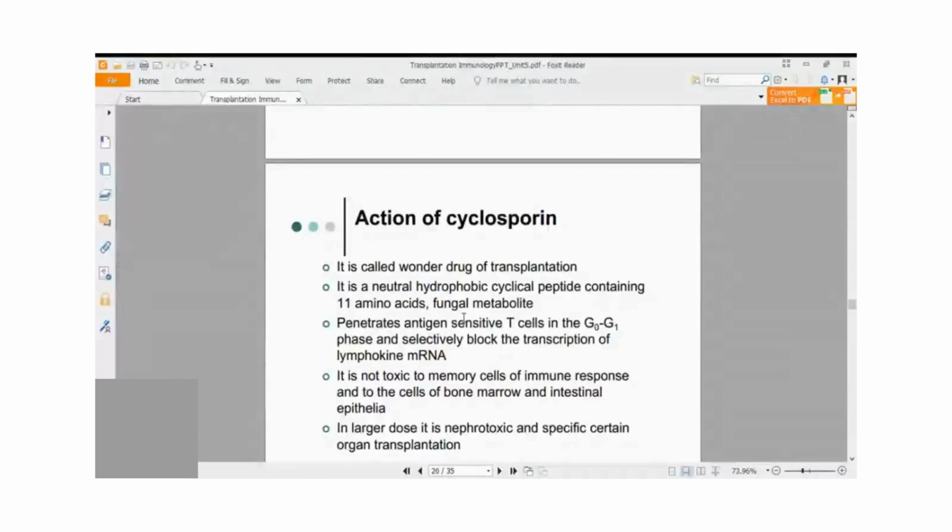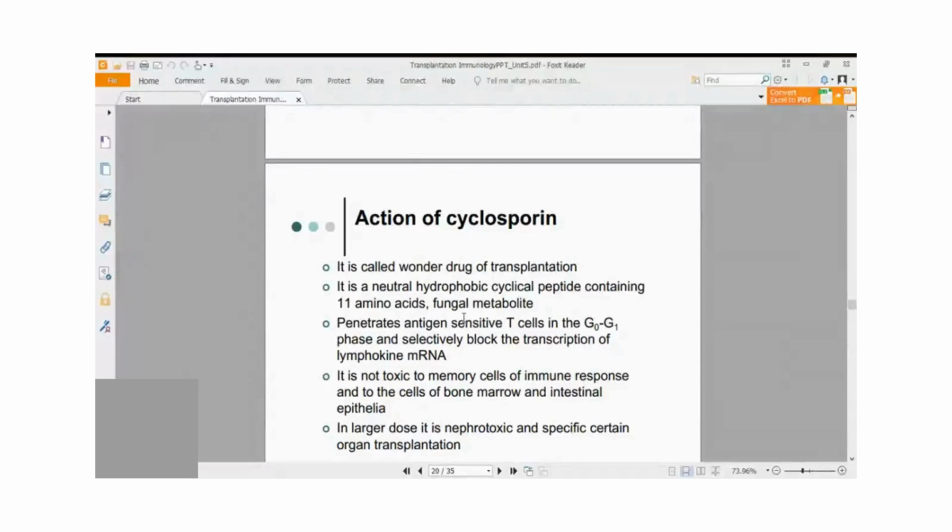For the GVHD syndrome, it is used to prevent the escalation of GVHD. GVHD escalation can be prevented by administering cyclosporin A to the patient who has received the bone marrow. Similarly, it is used for liver transplantation, heart transplantation, and other organ transplantation, except for kidney transplantation.